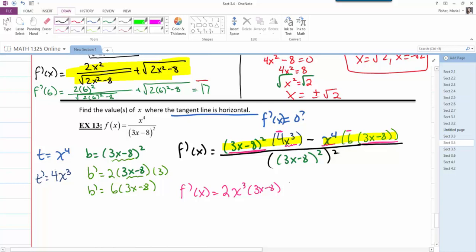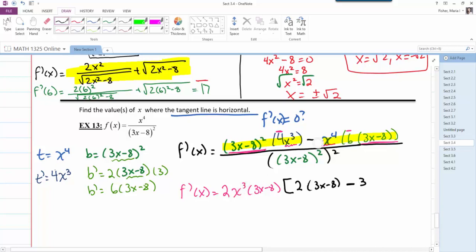If you pull all of those things out from this first step, if you take 4x cubed and pull out 2x cubed, you're left with a 2. And if you only take out one 3x minus 8 and you had 2, you're left with a 3x minus 8. And then minus, if you take 2 from a 6, you're left with 3.